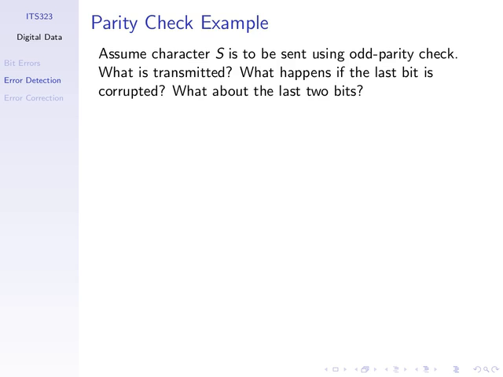This is 7 bits. In our notation, that's the value of K. In our diagram that showed the general procedure for error detection, we said we have K bits of data. In this example, K is 7. We're going to have a single bit parity check.